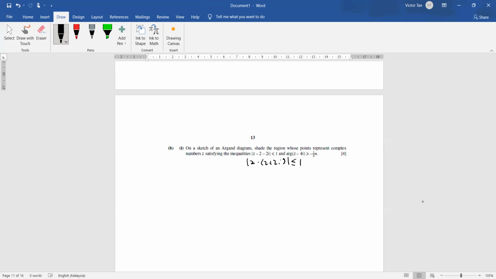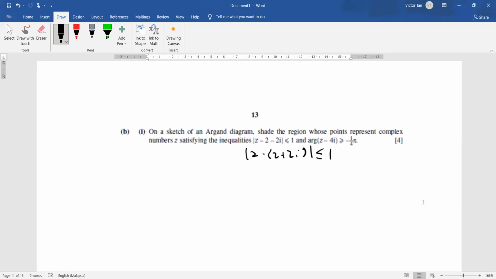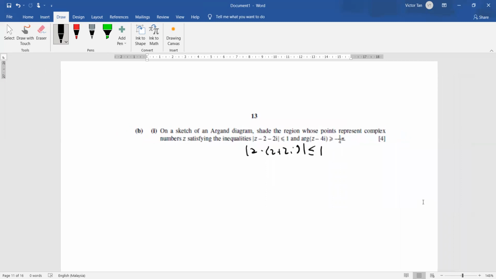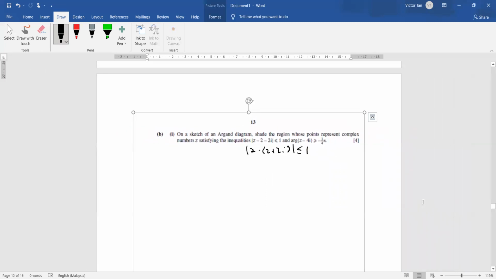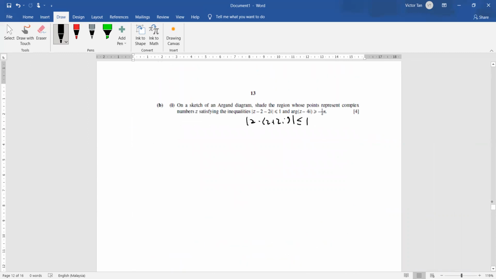This will be the center of rotation 0, 4, not 4, 0, 0, 4, and the angle is minus a quarter pi.